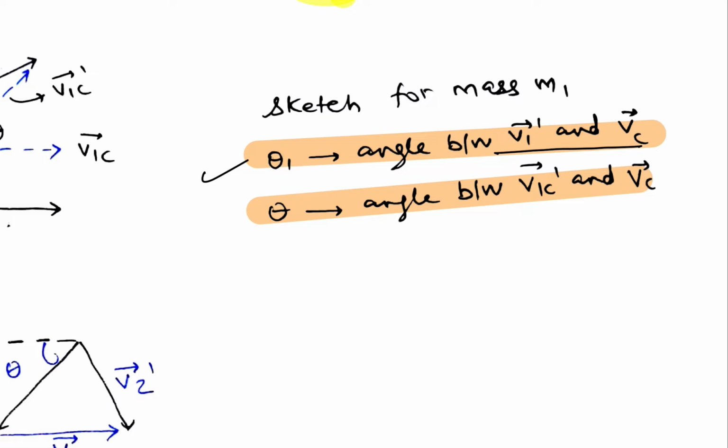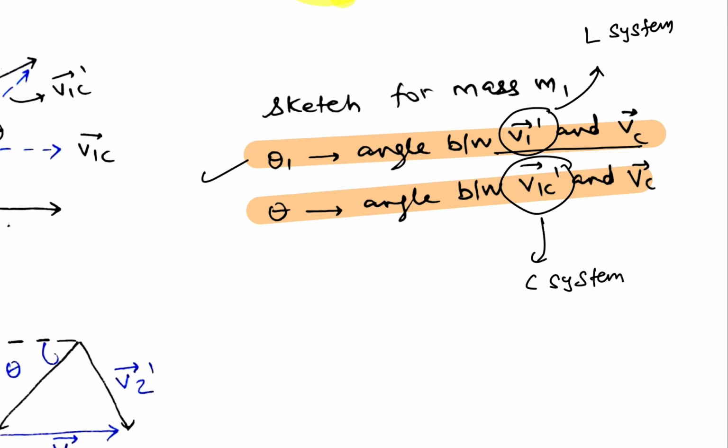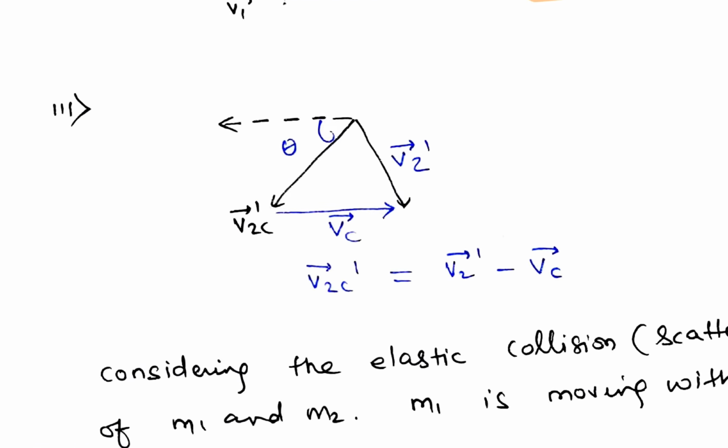The first one is just V1 prime, that is the velocity of 1 after collision in lab system. This is for lab system, L system or L frame, whatever you call it. This is the same thing but in C system. So you need to remember these two important parts, and there is nothing to remember but to understand. Okay, these are the fun parts.